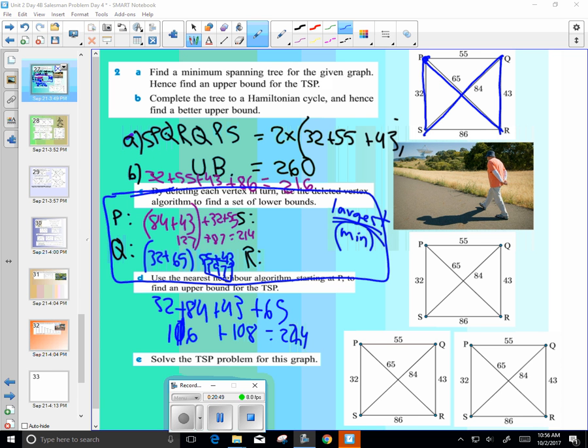At 197, you can't get there because it doesn't make a Hamiltonian. But the largest of these will be your minimum. And so in this case, I think it's 214. M's going to be greater than 214. That's going to be my minimum. So I've got my maximum of 260, my minimum of 214, and then you just kind of work at these.